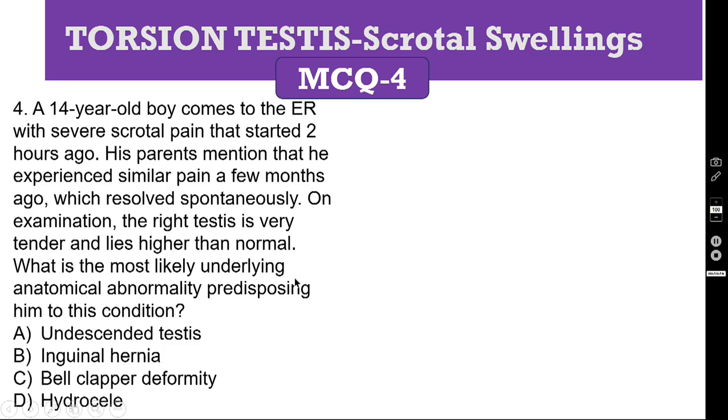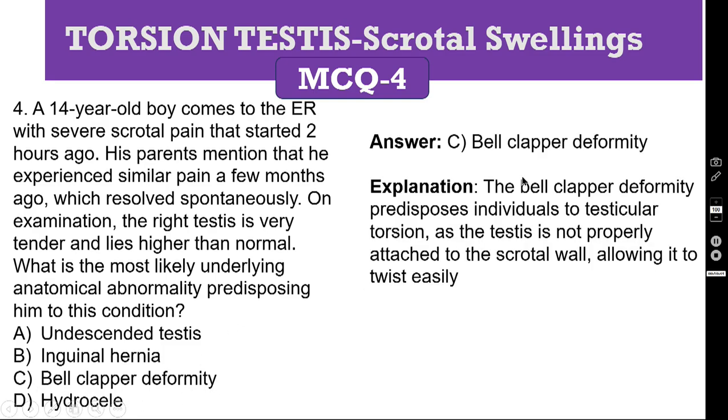What is the most likely underlying anatomical abnormality predisposing him to this condition? A. Undescended testis. B. Inguinal hernia. C. Bell clapper deformity. And D. Hydrocele. So the correct answer is bell clapper deformity.